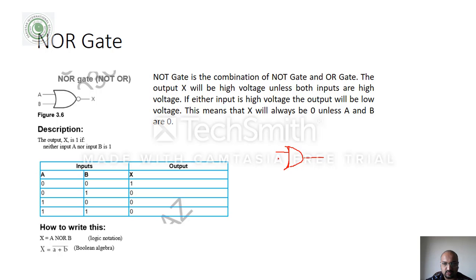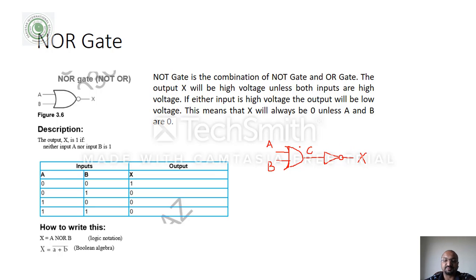Sorry for my drawing, but I hope you can understand it well. This is the combination of two gates: the OR gate and the NOT gate. We can assume this is A, this is B, this is C here, and the final output is X.